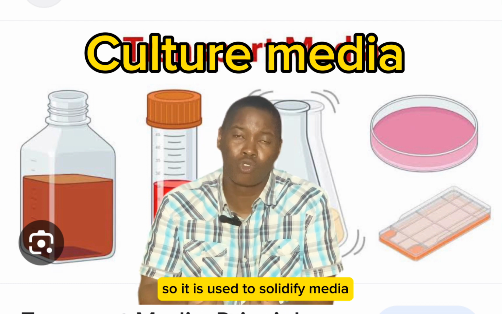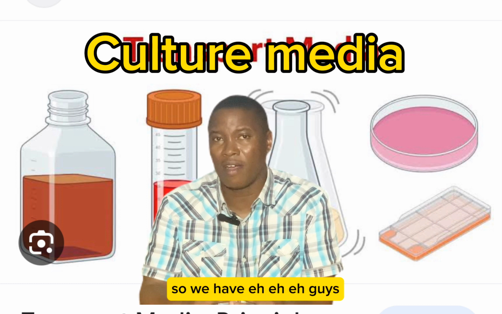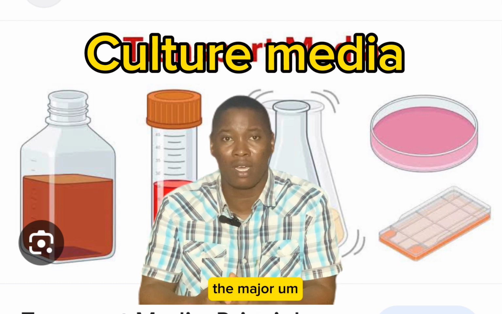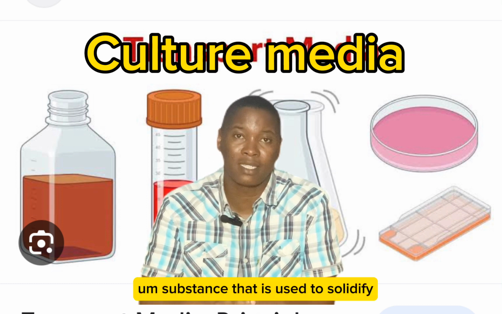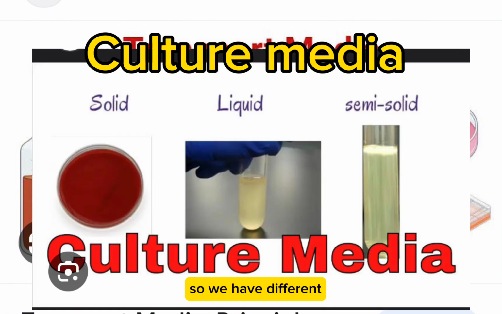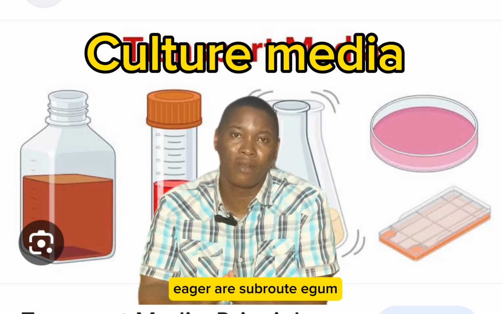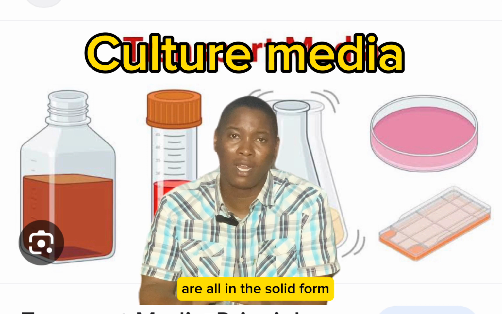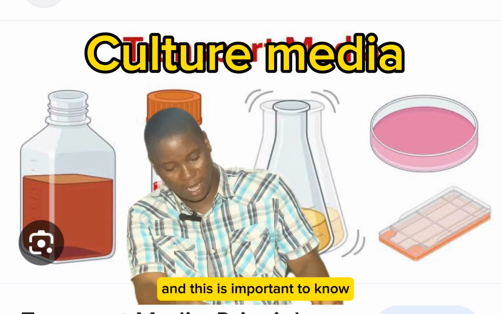So it is used to solidify media. So we have agar is the major substance that is used to solidify different kinds of media. So we have different kinds of media: our EMB, our Simmons citrate agar, our Sabouraud agar. So many of them are all in the solid form, and this is important to know.